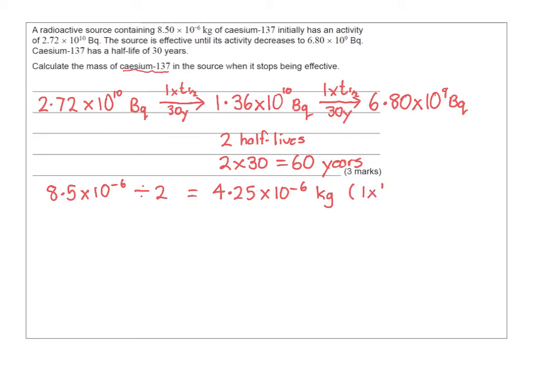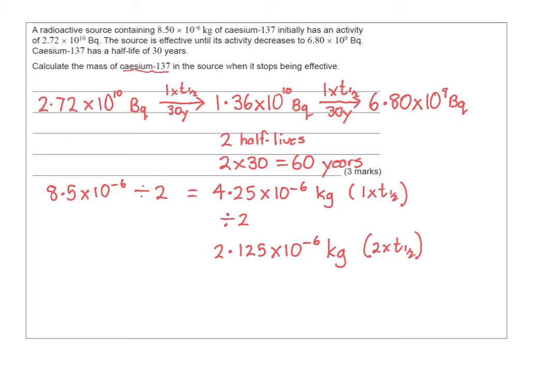So then again, we're going to go down here, divide that by 2 again, and we will get 2.125 times 10 to the minus 6 kilograms. That's after 2 half-lives, which is what it took to get to that activity.